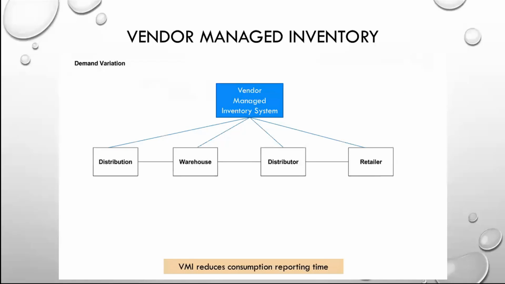You also have MRPs, which is material resource planning. Sometimes I hear it called manufacturing resource planning. They're both valid. In this case, the vendor controls the entire chain by telling everybody in this chain what they need to do.